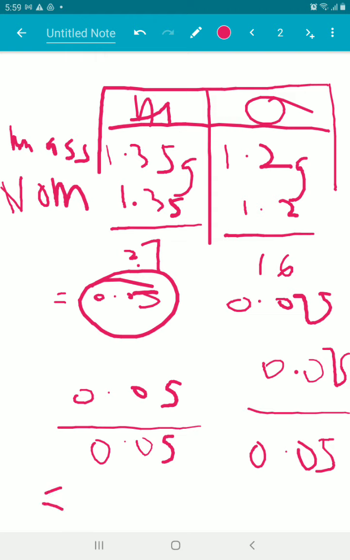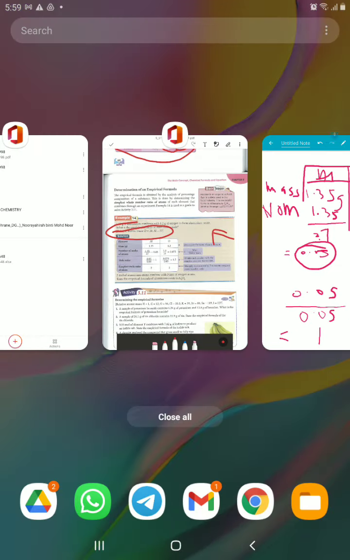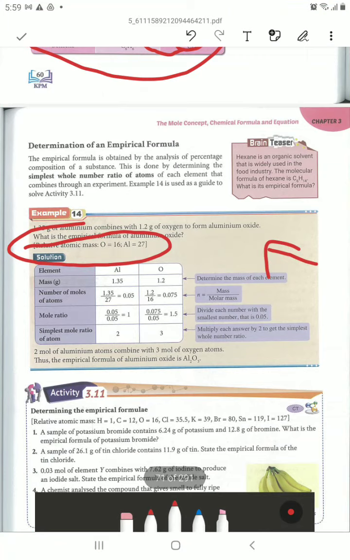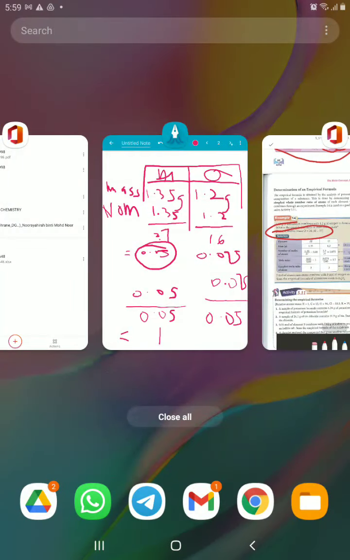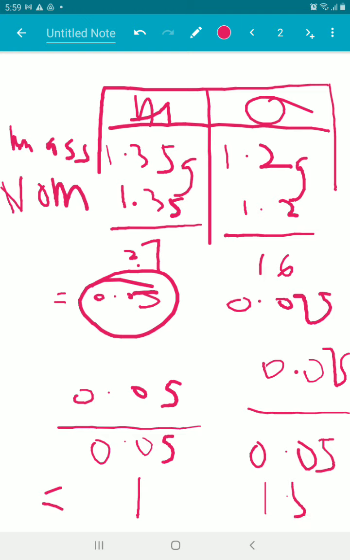So then you will get a ratio of 1 here and 1.5. When you have the answer in decimal number, this cannot be written in the form of empirical formula, because from the definition, empirical formula is the chemical formula with the simplest whole number.